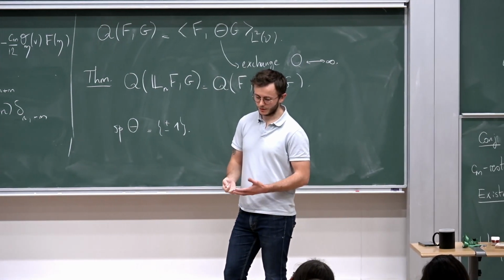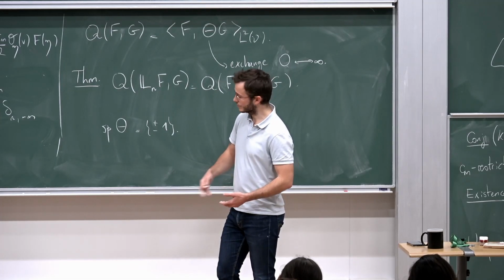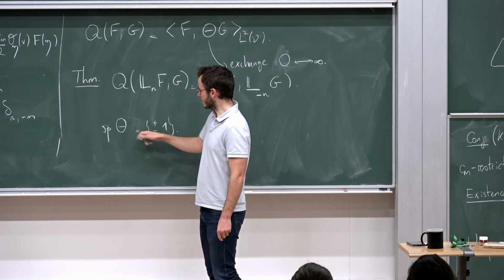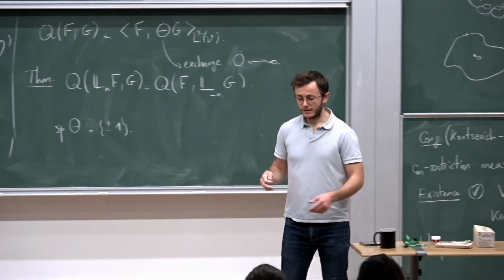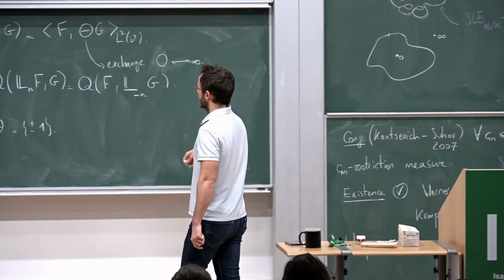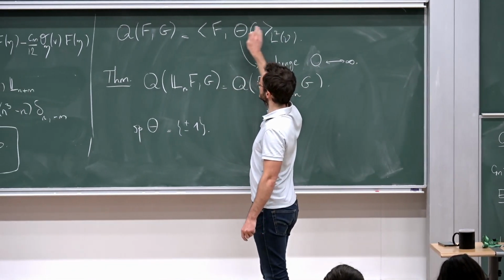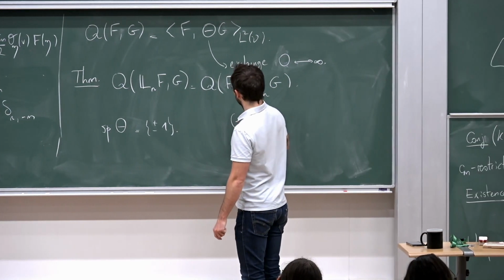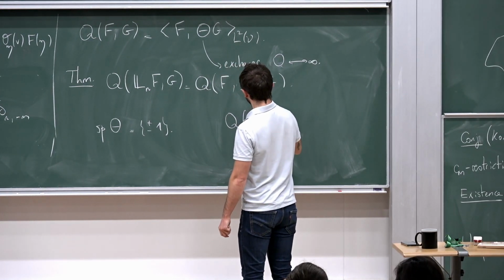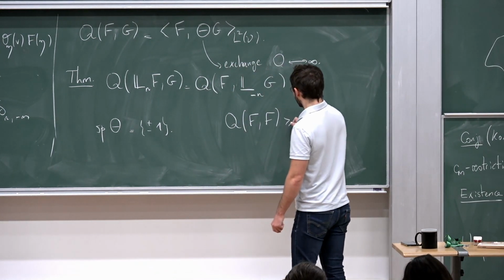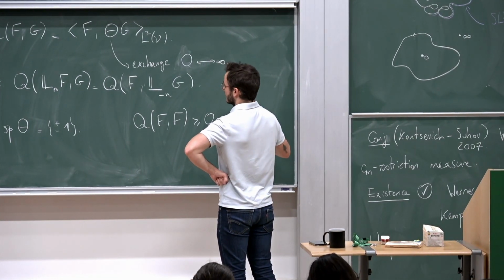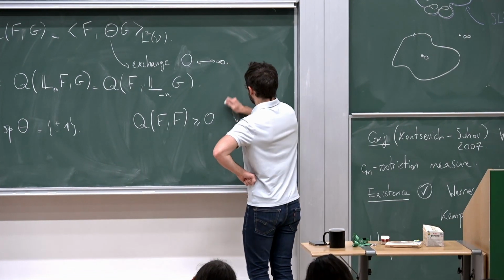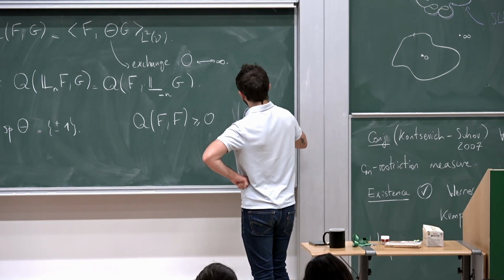On the subspace of functions where the eigenvalue is plus 1, you could call these the even functions if you want, and Q will be positive, or at least non-negative, for all f such that theta of f is equal to f.